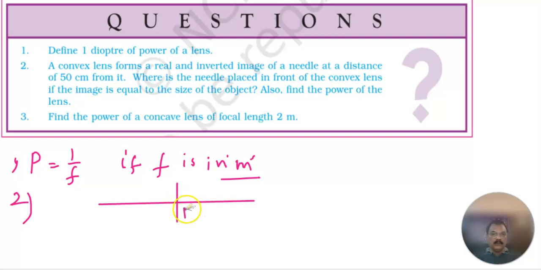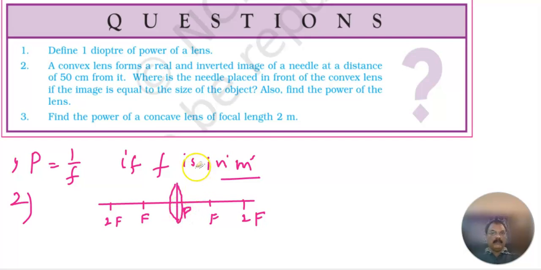This is the pole of the lens, this is the focus and this is 2F, and on the other side also you can see the focus and 2F. So this is the convex lens.